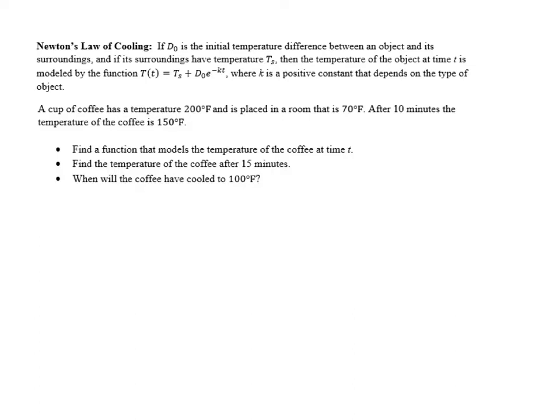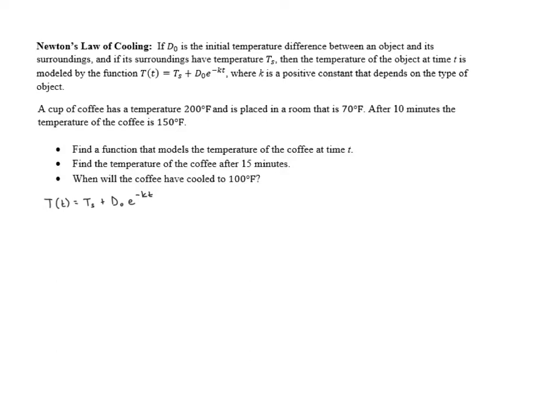So we're going to use Newton's law of cooling, which I'm going to rewrite down below here. Capital T of t equals capital T sub S plus D naught times e to the negative kt. And I want to substitute in the values that we know here.